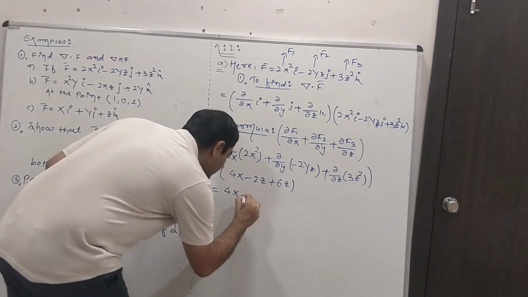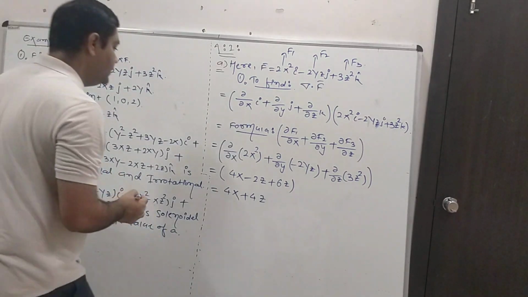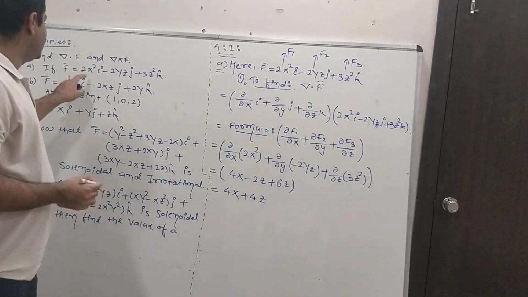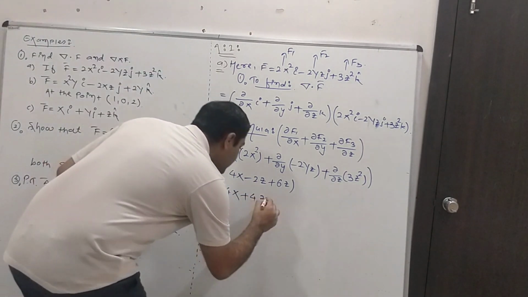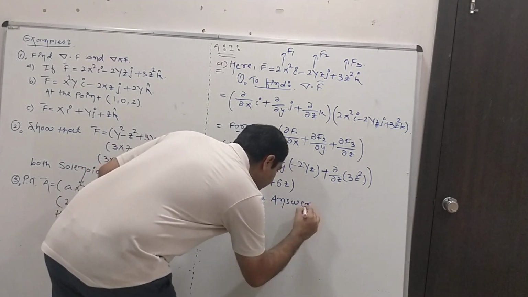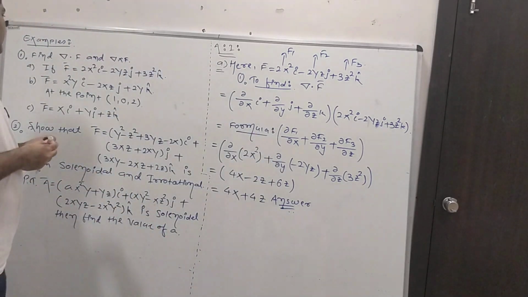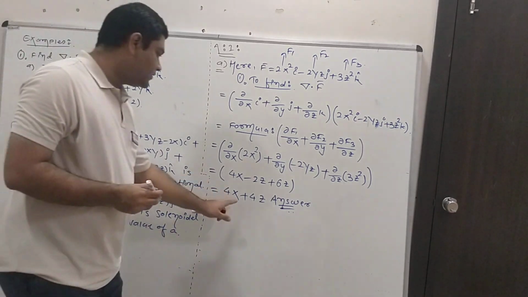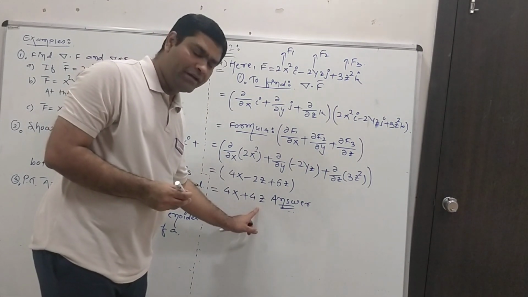So it is plus 4z. Now 4x plus 4z, this is the divergence of the vector, students. So this is our answer. So we have seen the first example A, that is the divergence of the vector function. So the answer is 4x plus 4z.